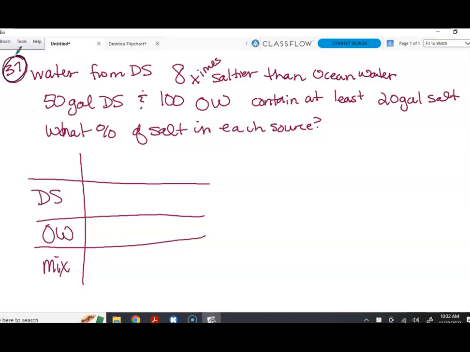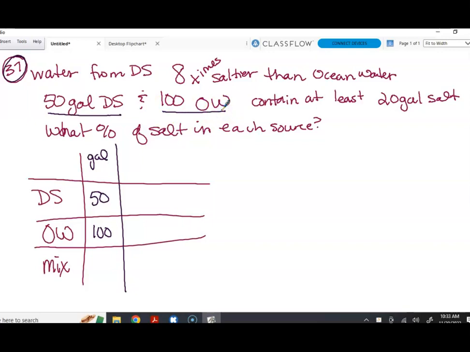Okay, so we have the DS is the Dead Sea, OW is the ocean water, and our mix is what we have. So we're mixing 50 gallons, right? This would be our gallons: 50 gallons of Dead Sea water to 100 gallons of ocean water.